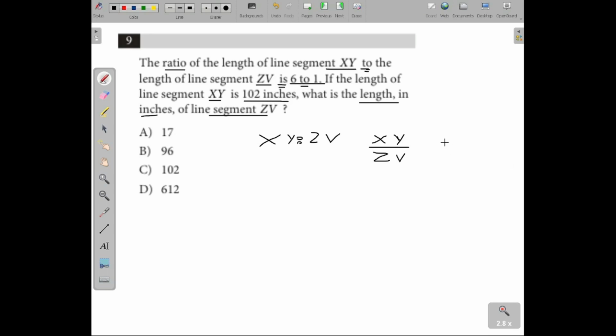And 6 to 1, so 6 divided by 1, or 6 to 1. So that's what the "to" means.